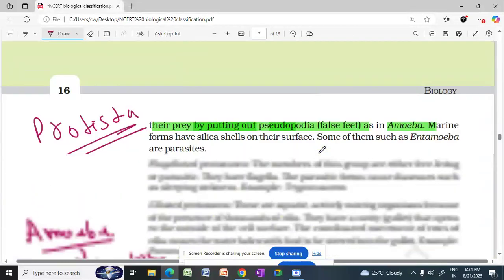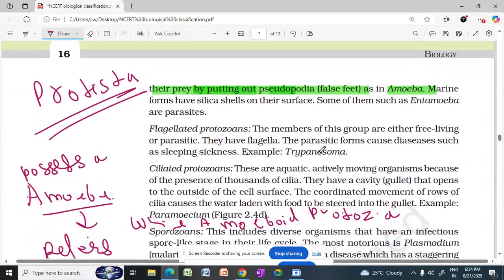Kingdom is Protista. Clear? And amoeba are also eukaryotic, like Protista. In this way we have to handle the questions. We just have to think about their features.